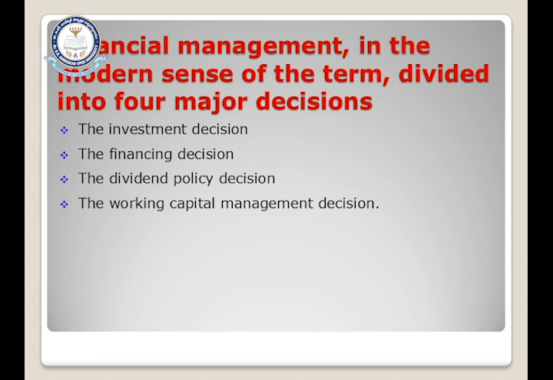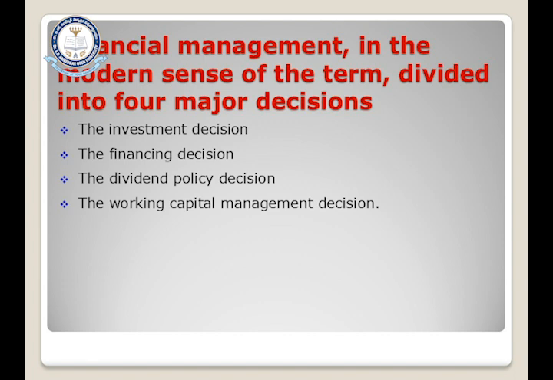The third one is the dividend policy decision, where we are going to focus on whether dividend decisions are relevant or irrelevant. So whether funds are required for meeting the requirements, or whatever the surplus profits which are available, should we declare a dividend out of it, or whether we should retain them for the expansion of your business.